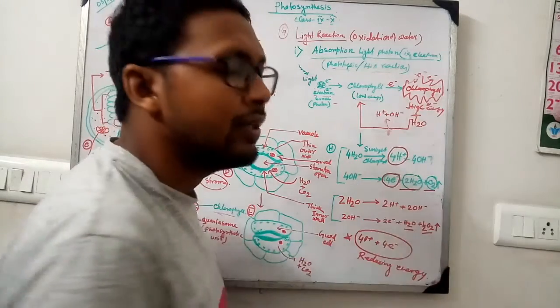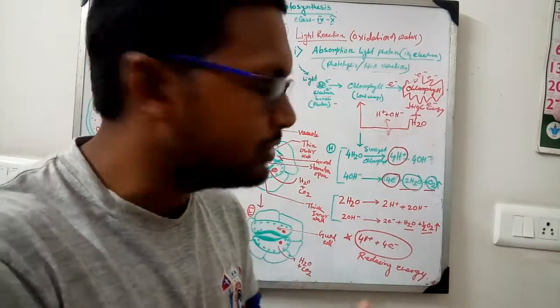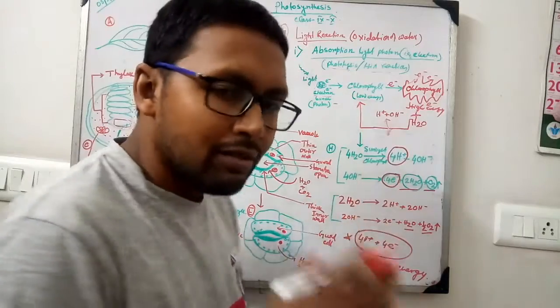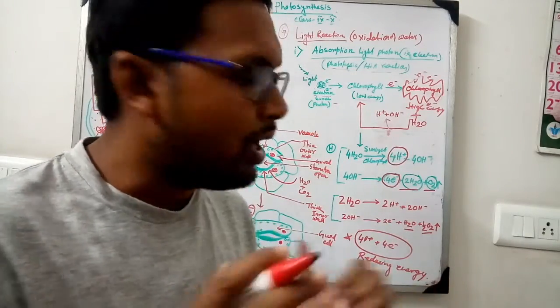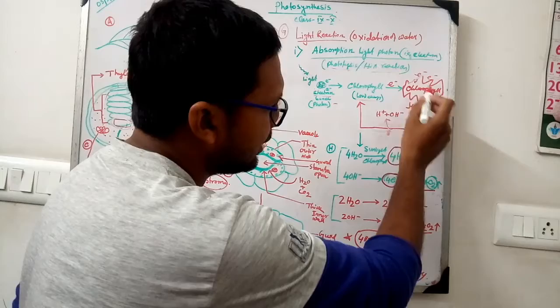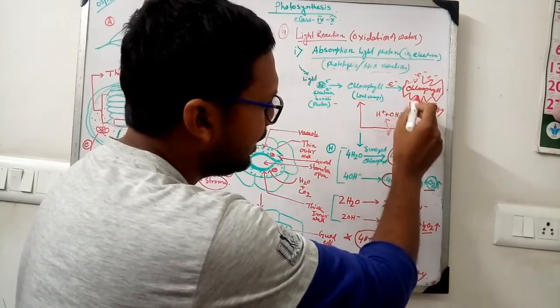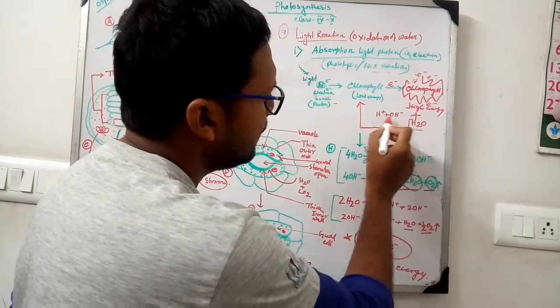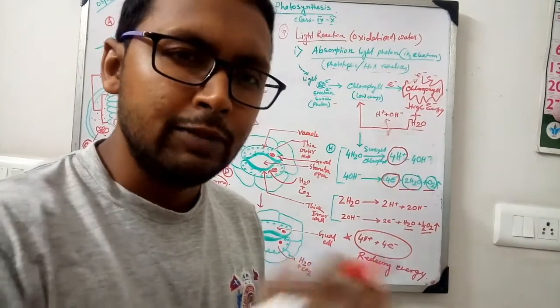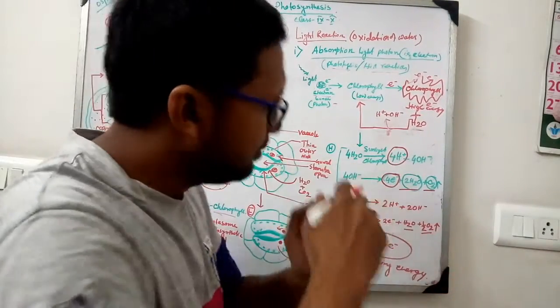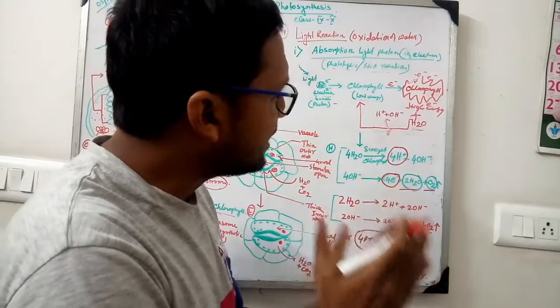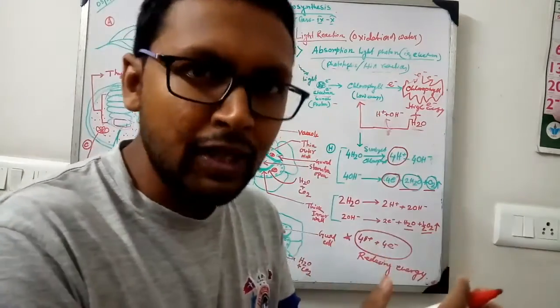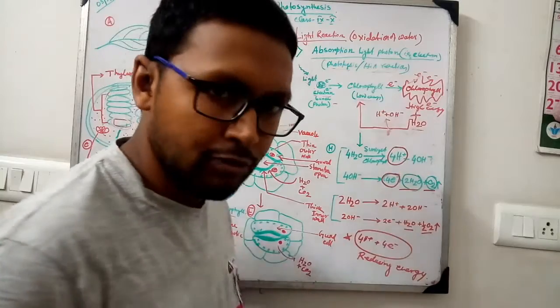These electrons will be used for the breaking of a water molecule. How? Here high energy electrons in chlorophyll help to break down H2O into H plus and OH minus. So the water molecule is split, and this splitting occurs in presence of chlorophyll as well as electrons.